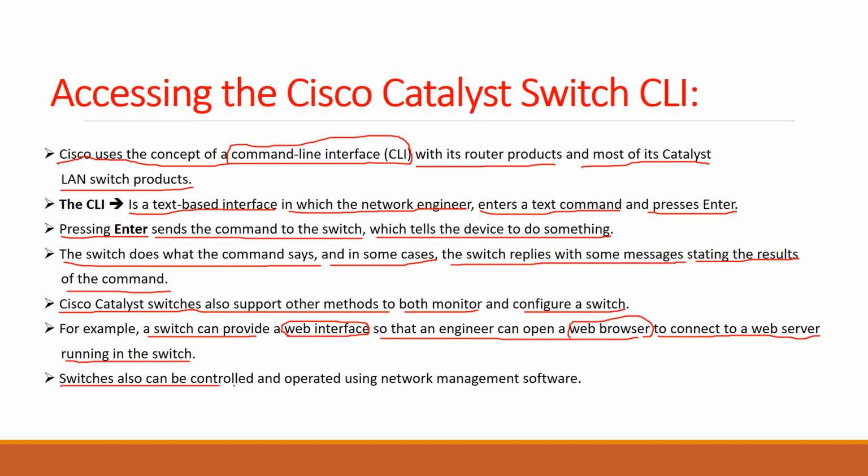Switches also can be controlled and operated using network management software. And with your experience, you will face a lot of network management software that can control and operate the networking device, the switch or router.